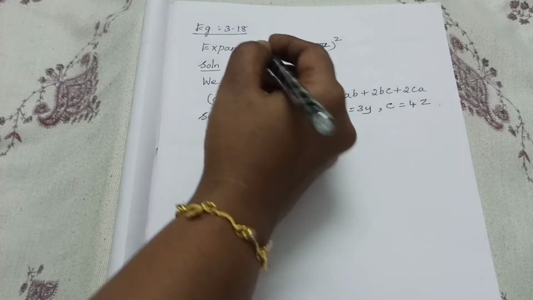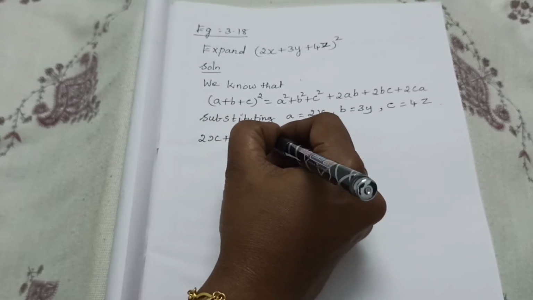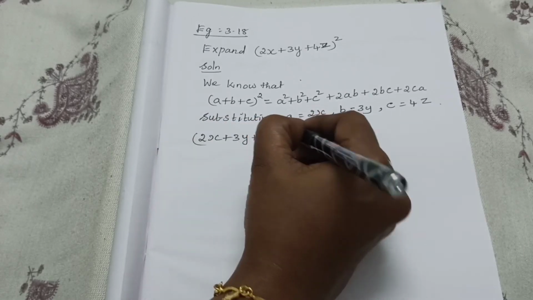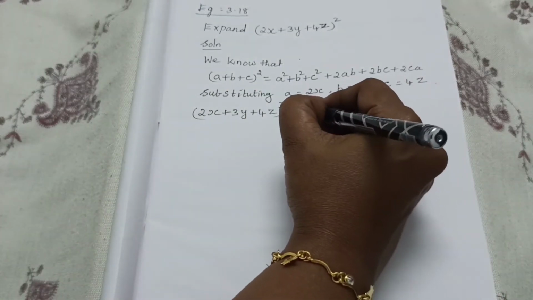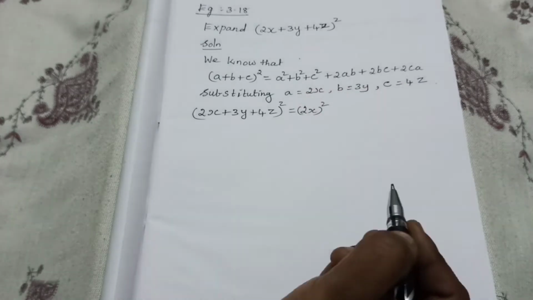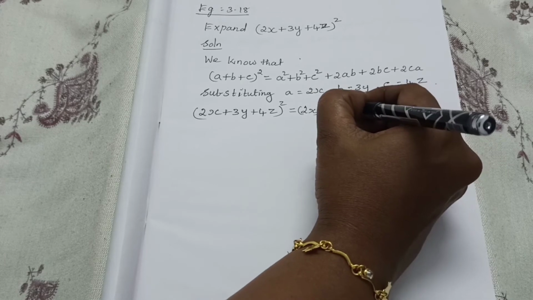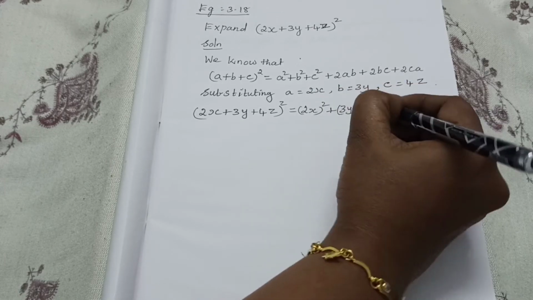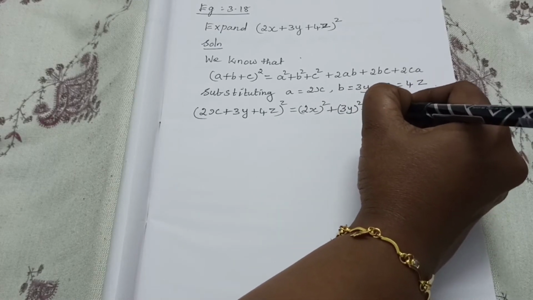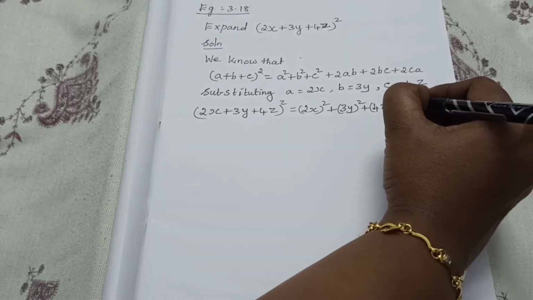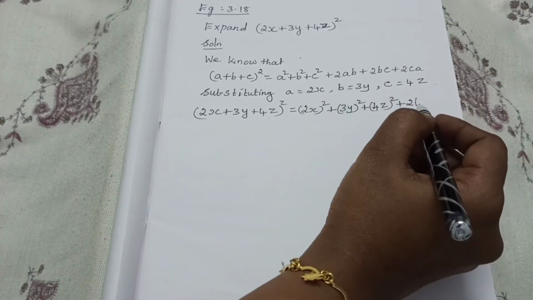Okay. Shall we write the question? Then 2x plus 3y plus 4z the whole square is equal to, here a square. a square means what? 2x the whole square. Okay, are you clear? Plus this plus b, instead of b, 3y the whole square and plus c, instead of c, 4z the whole square. Okay, then plus 2 into, this bracket we have to write.